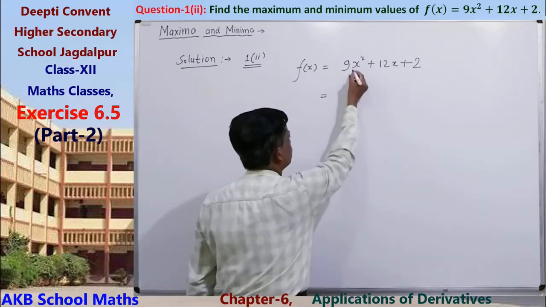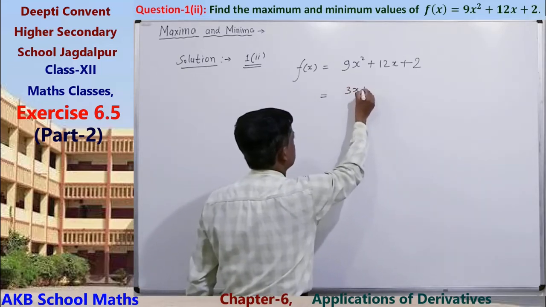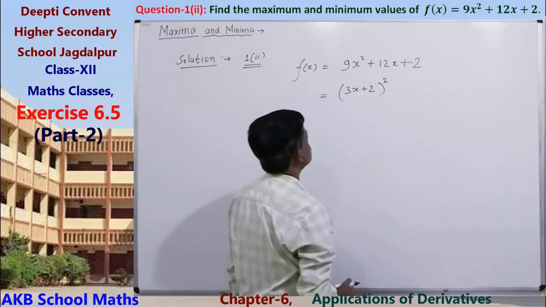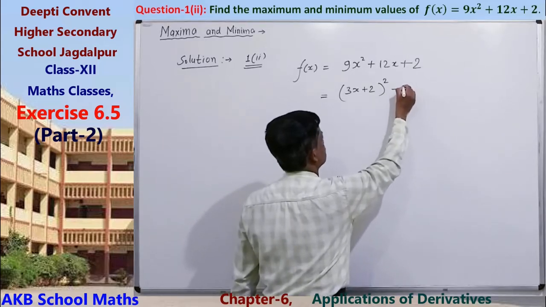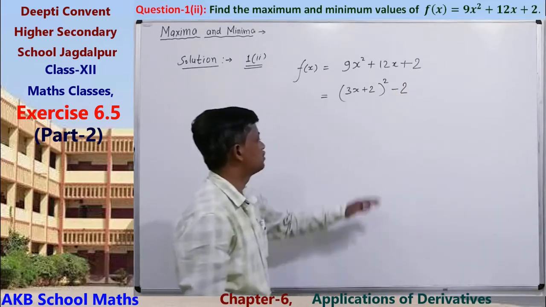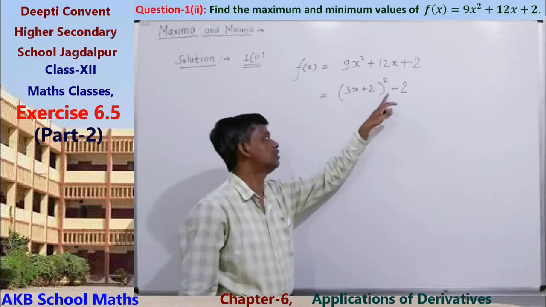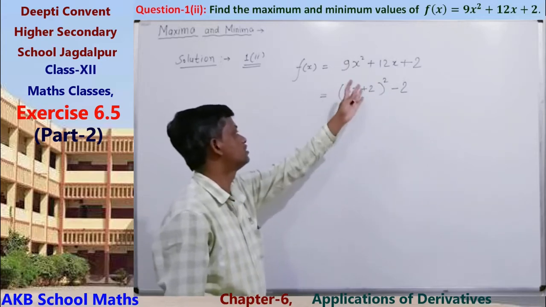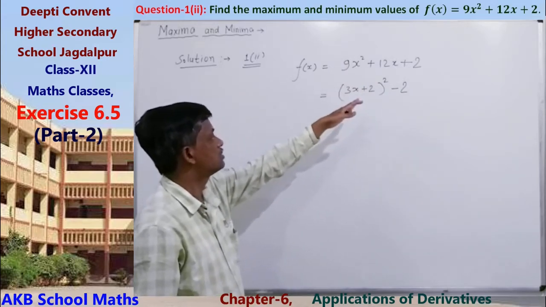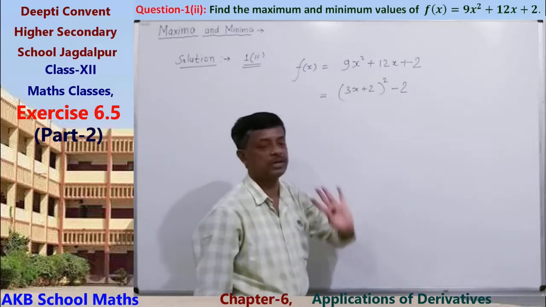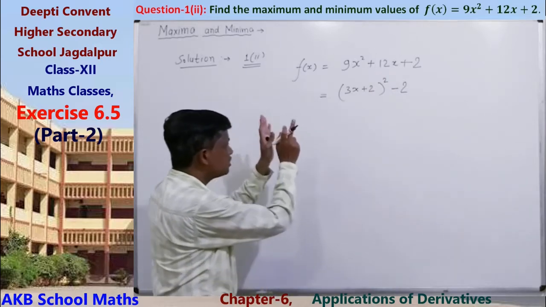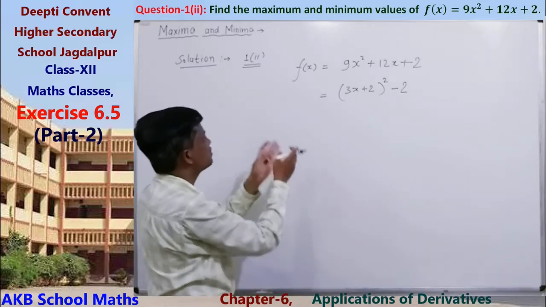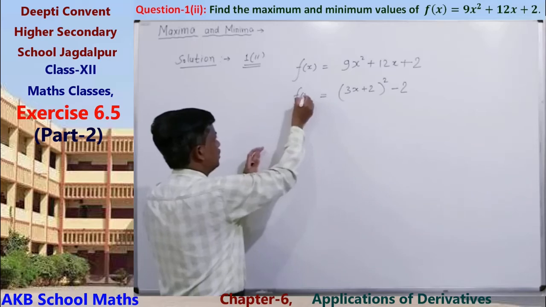Now we can write this expression like this: (3x plus 2) whole square minus 2, because expanding with the (a plus b) whole square formula, you get 9x square plus 12x plus 4 minus 2, that is plus 2. So by using this expression, we can find the maximum or minimum value of the function.